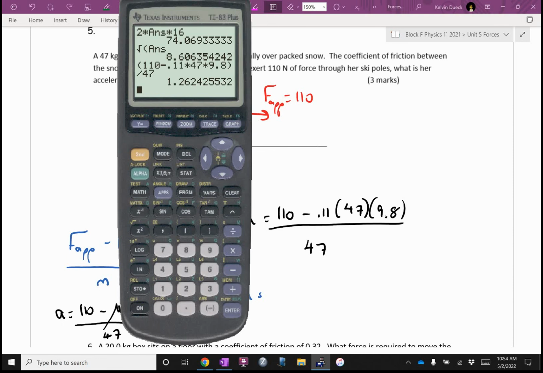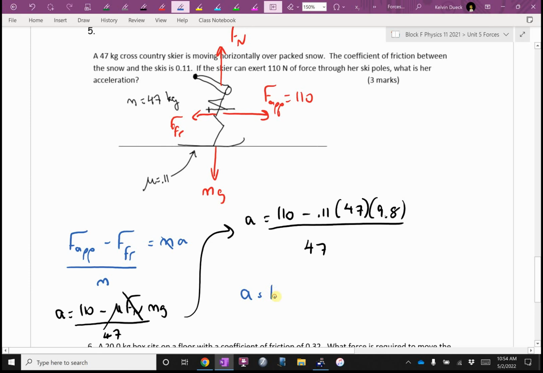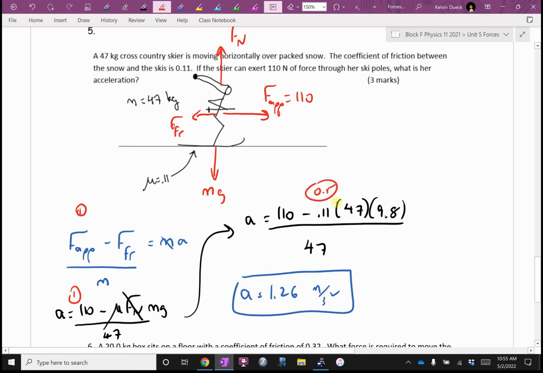You get 1.26 meters per second squared. If you got that, 3 out of 3. Otherwise, I would probably go something like this. 1 mark if I saw that. 1 mark if I saw that. Half mark for the numbers, and a half mark for the answer.